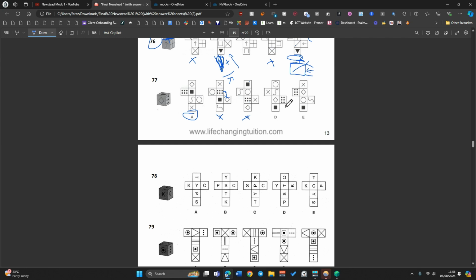But let's fold these properly. This is now to the left of it, right? So if you fold these and then you rotate it around so that it is looking in a way like this, right?